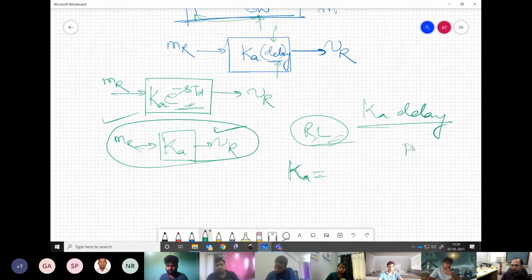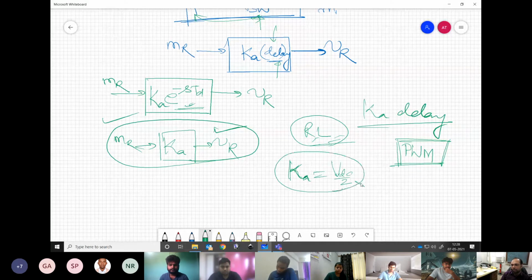But what is that gain dependent on? On the PWM technique that we are using. Correct. In case of sine triangle, specifically, you will have VDC by 2, which is the most common technique. Otherwise, in general, it is the PWM method which decides what is the gain. Understanding my point? Yes, sir.